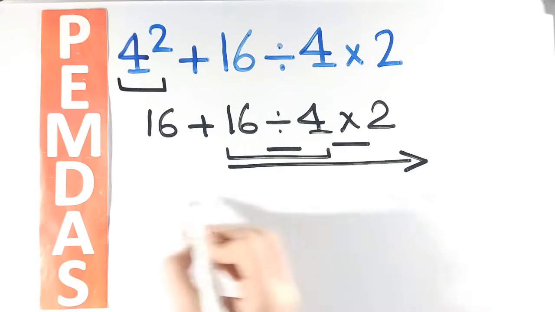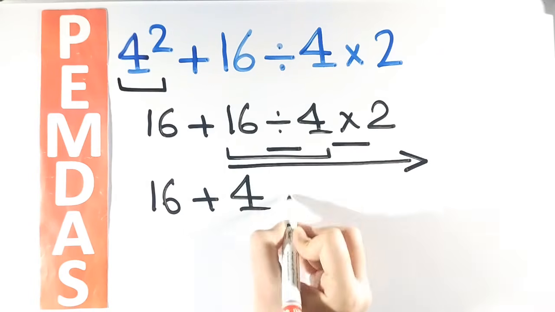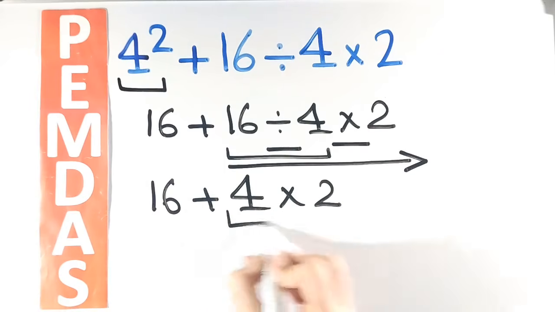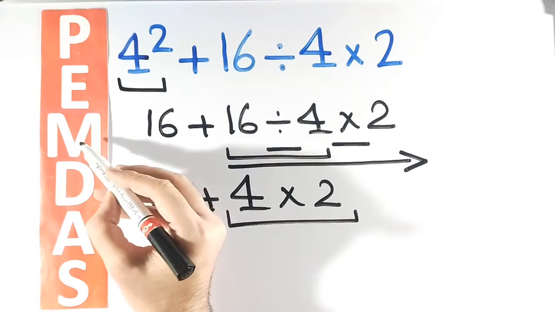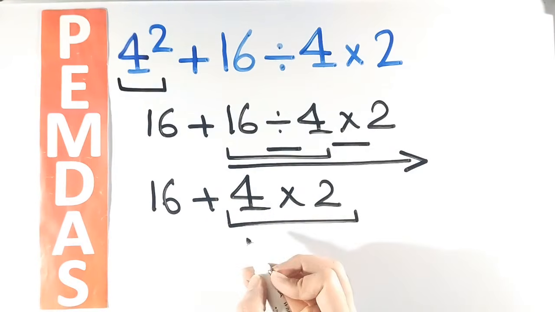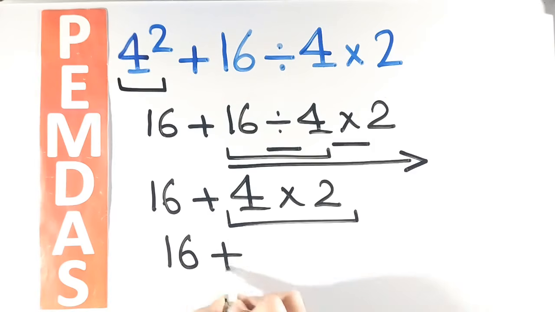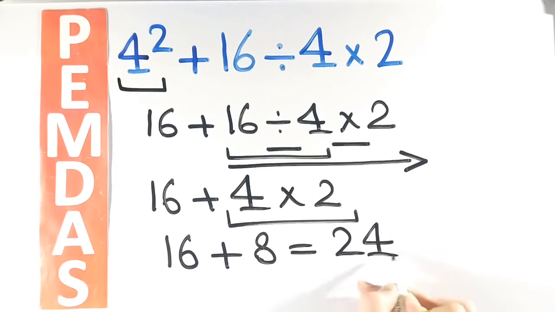And instead of this expression, we can write 16 plus 4 multiplied by 2. And the final step, we go for the multiplication between 4 and 2 because multiplication has priority over addition. So, we rewrite this expression as 16 plus 8, which finally gives us the answer 24.